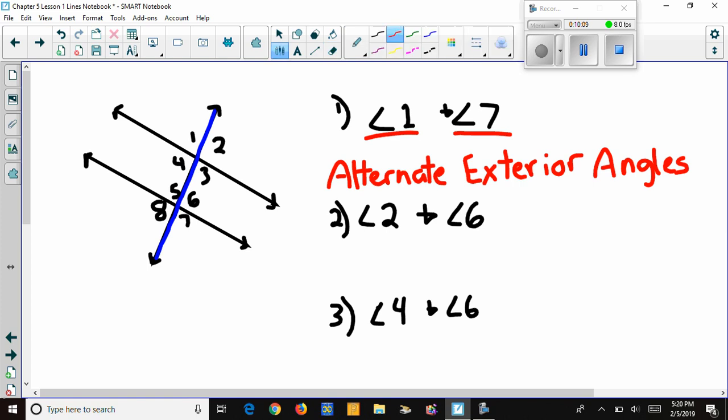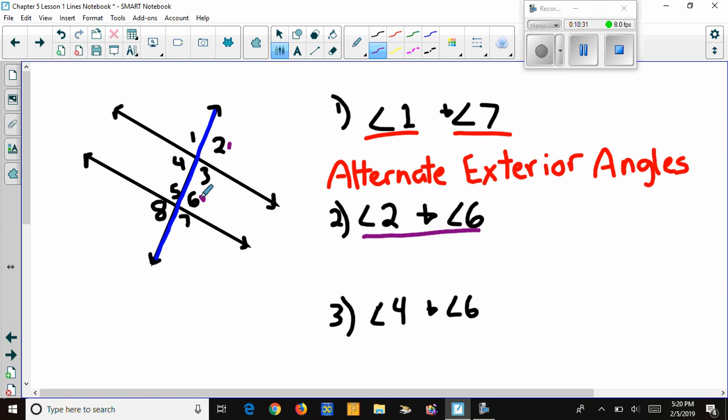Next, we're going to look at 2 and 6, and I'm going to put a purple mark near where they're at. And then we're going to ask ourselves, are these angles in the exterior, the interior, or both?